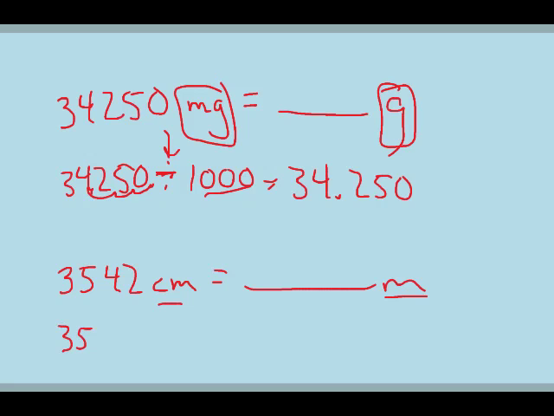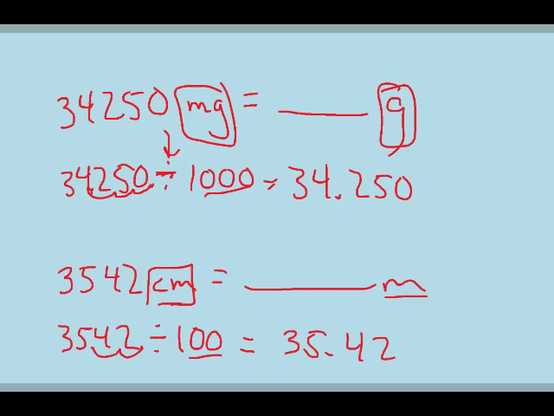So I put the number. And in this case, I'm going to divide. But since the problem involves centimeters, I'm going to divide by 100 this time. The decimal would be here, and I'd only shift it 2 places because of the 2 zeros. Right? And I get 35.42. So that's the main difference. With centimeters this year, it's not always going to work. For centimeters this year, I'm going to use 100.